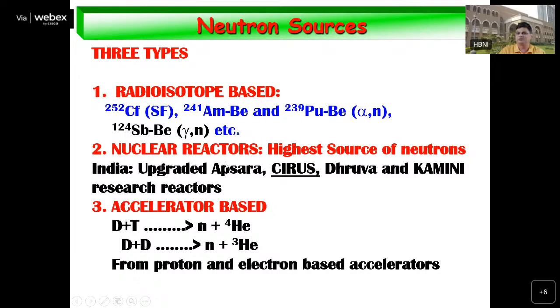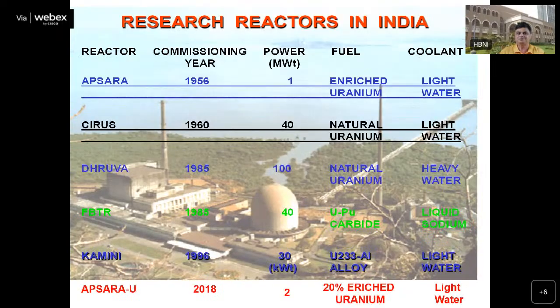These fluxes are only possible when you have access to nuclear reactors. I will show you the fluxes in all these reactors. Then some accelerator-based sources can also be used to get neutrons for irradiation of your sample.